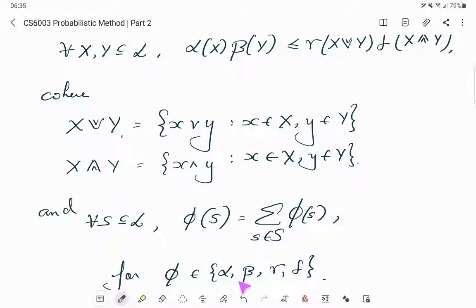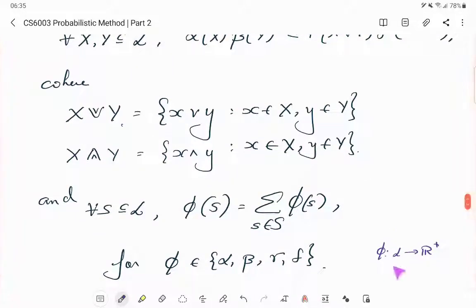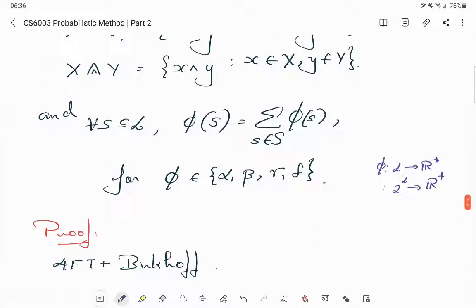Phi is any of alpha, beta, gamma, delta, and phi is a function from L to R plus, but we overload it and also treat it as a function from subsets of L, that is 2 to the power L, to R plus via the sum operation, adding up all the values.